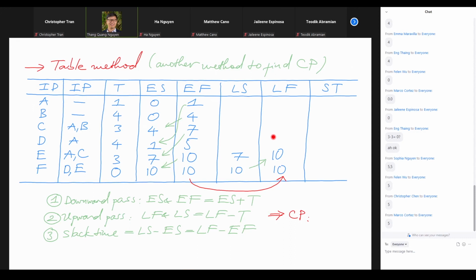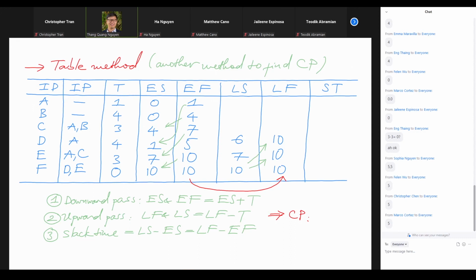Then at the latest, we have to finish D by 10. And that's why we have that 10 here. And that's because of that 10, right? And then we backtrack by 4 weeks. Then we have that 6. I hope you see that logic.